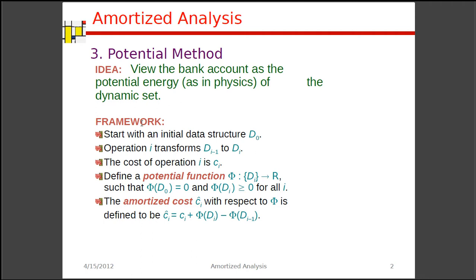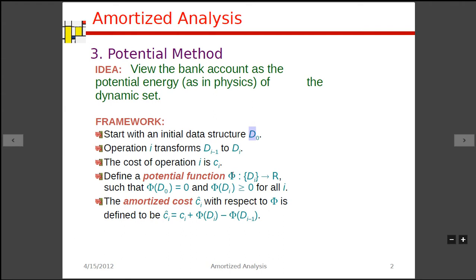It starts with an initial data structure, that is D0. Operation i transforms D of i minus 1 to D of i, and the cost of every operation i is C of i. Now let us try to understand the potential function.